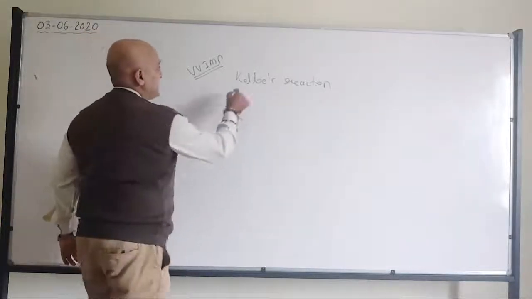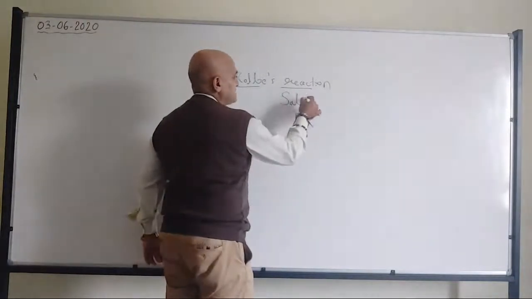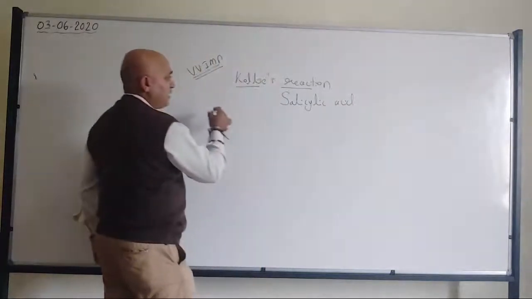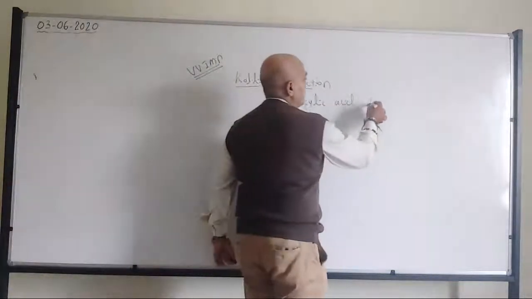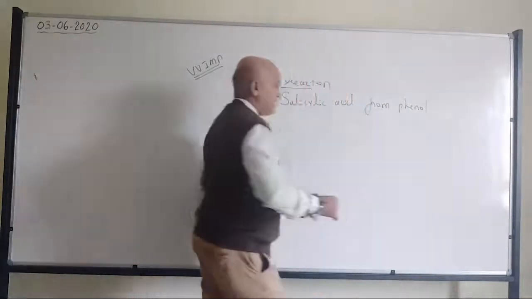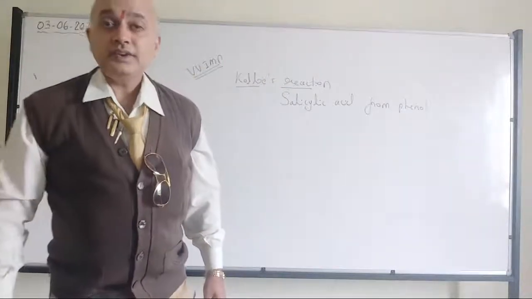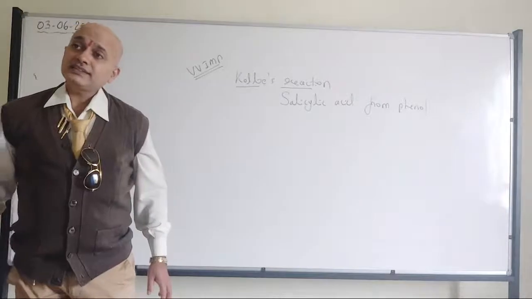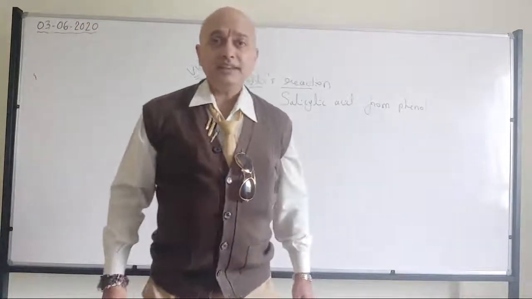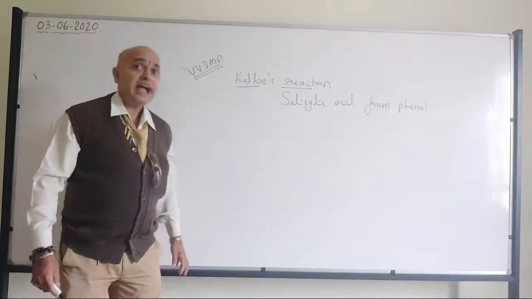Here is one of the methods for the preparation of salicylic acid from phenol. Same reaction we discussed earlier, but under different conditions. Earlier we discussed salicylic acid with respect to aspirin preparation, where salicylic acid was utilized.